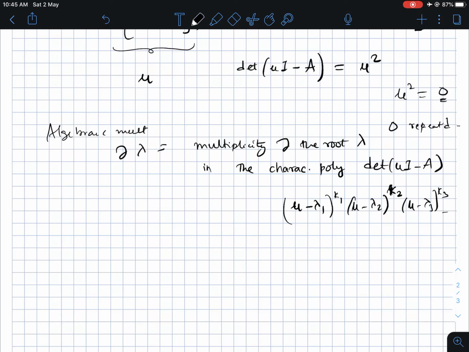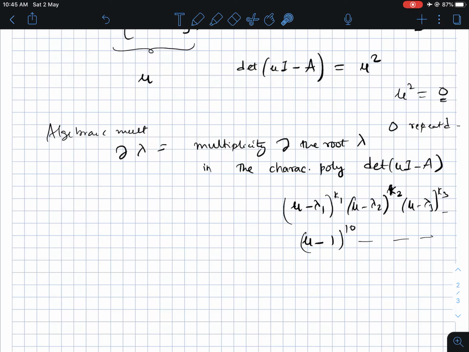If a characteristic polynomial, for example, has something like mu minus 1 to the power of 10 and something else, then you know that 1 is an eigenvalue and the corresponding algebraic multiplicity is 10. However, the geometric multiplicity can be something different. For symmetric matrices, algebraic multiplicity will be equal to geometric multiplicity. That's quite amazing.